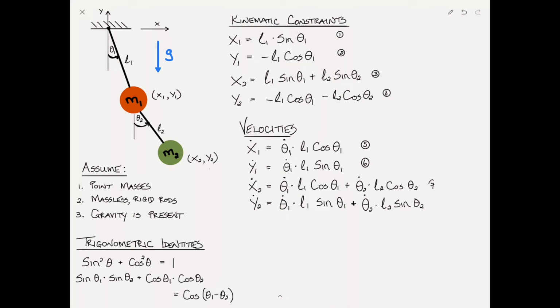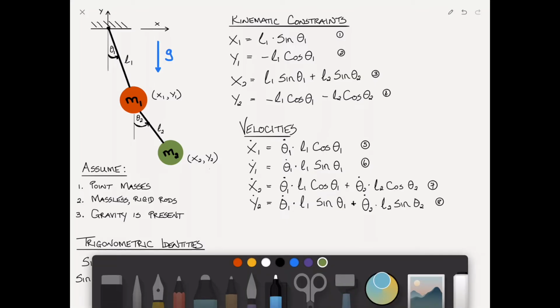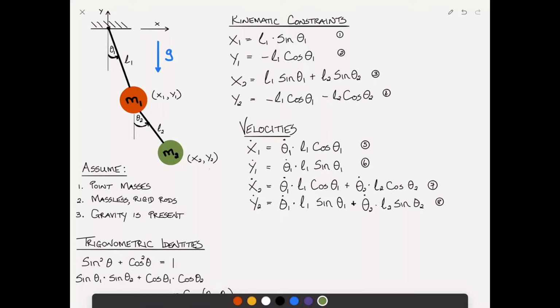All right, in order now to proceed with Lagrange's equations, we can go ahead and find our kinetic and potential energies. I am going to find the potential energy first because it's a little bit simpler and I can squeeze it in here. So potential energy.